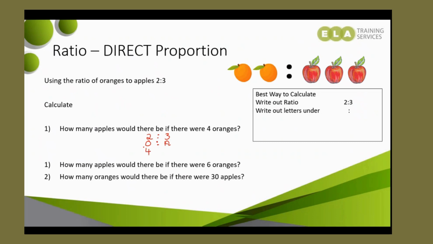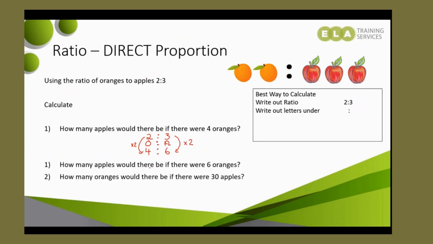Now, we know that 4 is equal to 2 parts. So an easy way to do it as well is see how we get from 2 to 4. So we times it by 2. And then we do the same to the other side, a little bit like we did with fractions. So times by 2, which gives us 6. So for every 4 oranges, there will be 6 apples.